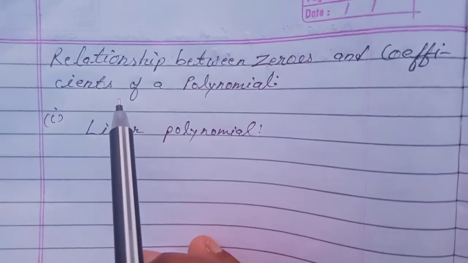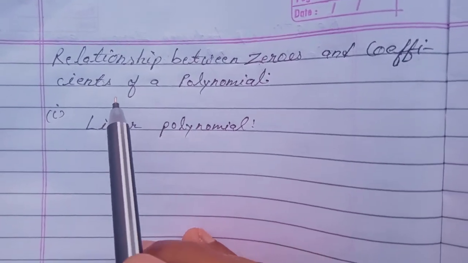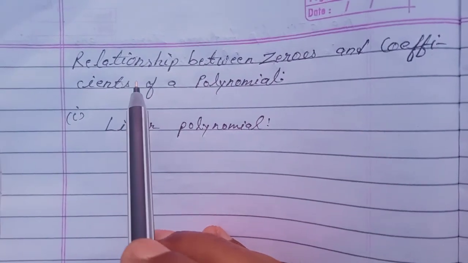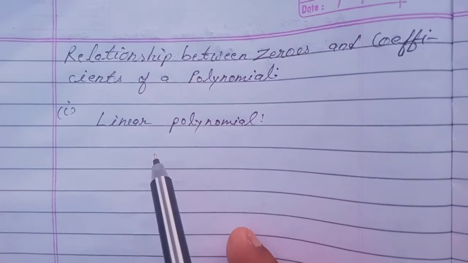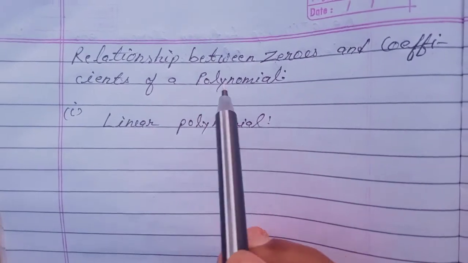Let us understand the concept of the relationship between zeros and coefficients of a polynomial.